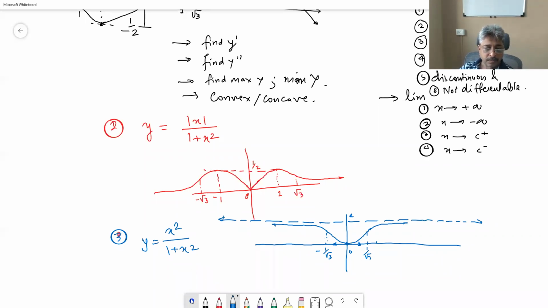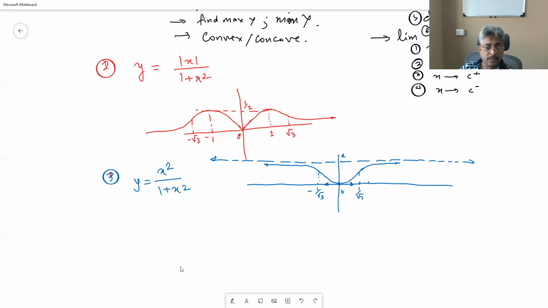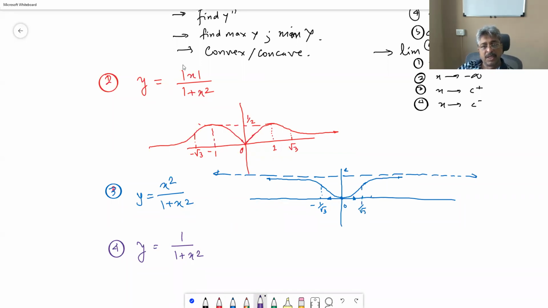Now, can you get me quick sketch of 4, y is equal to 1 upon 1 plus x square. Get me quick sketch of y is equal to 1 upon 1 plus x square.